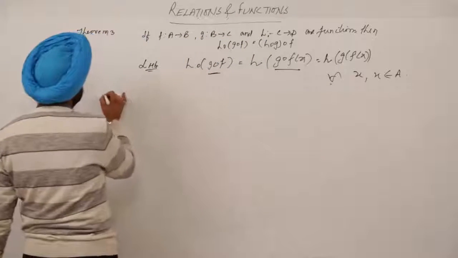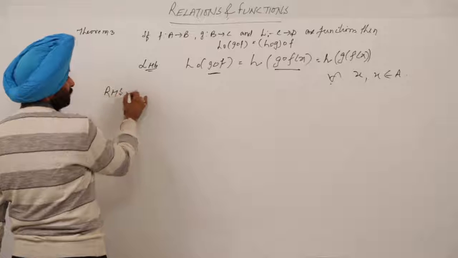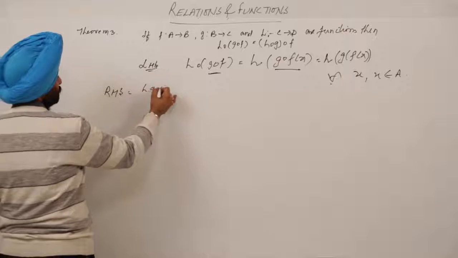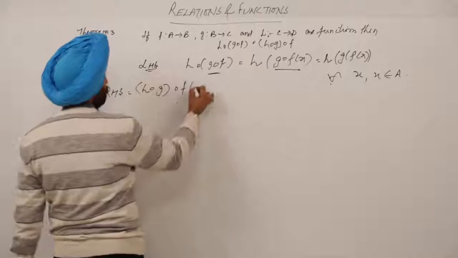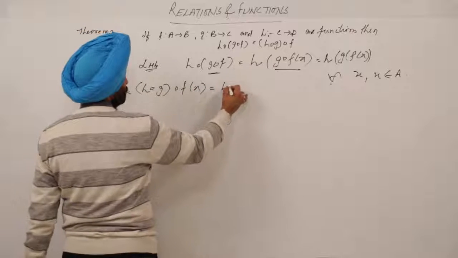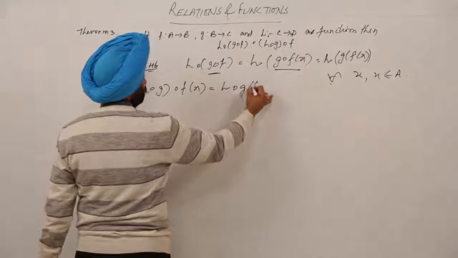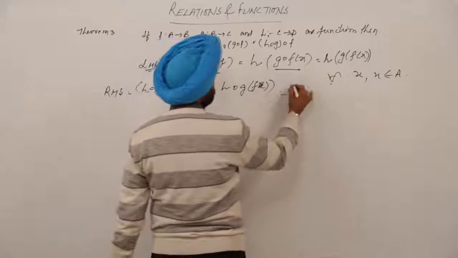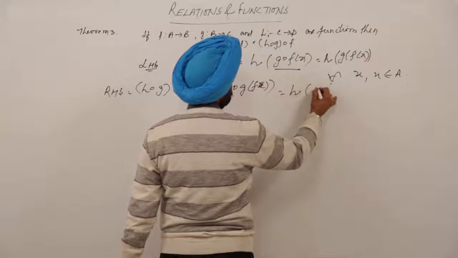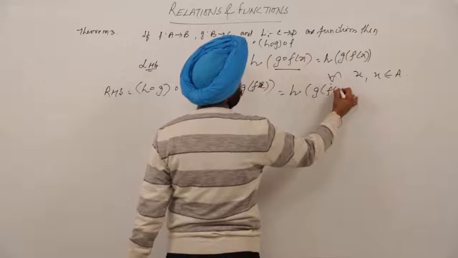Now for the right hand side, we are having (h∘g)∘f of x. Now this becomes h(g(f(x))).